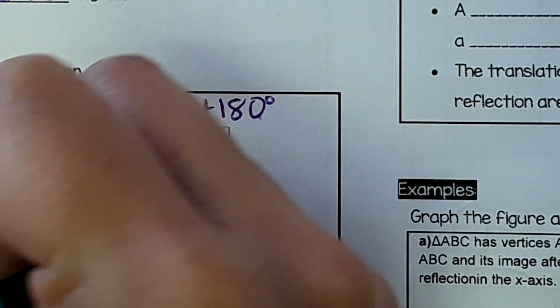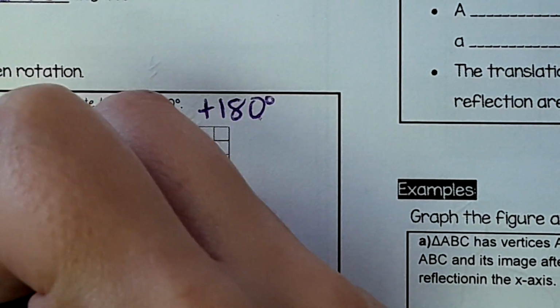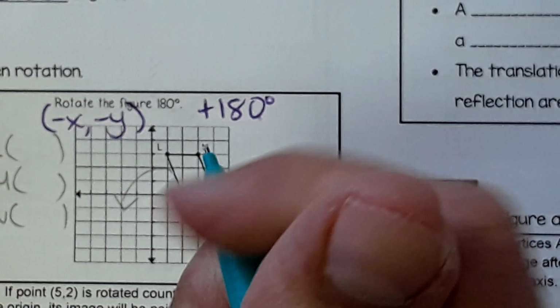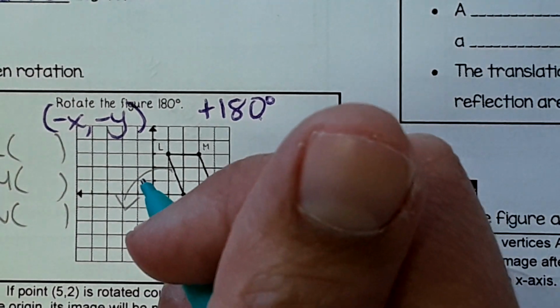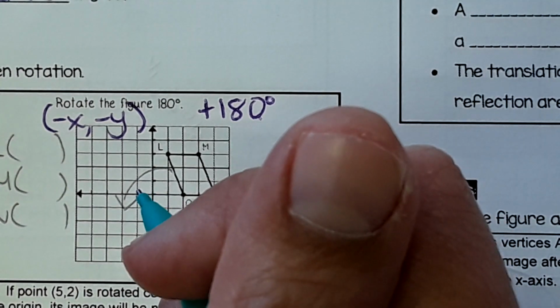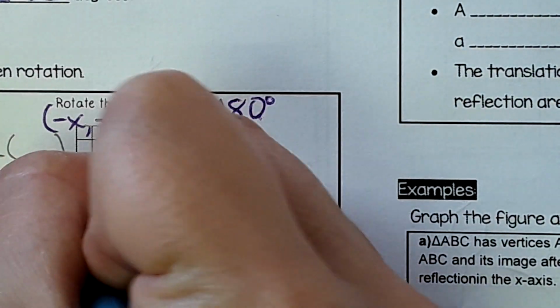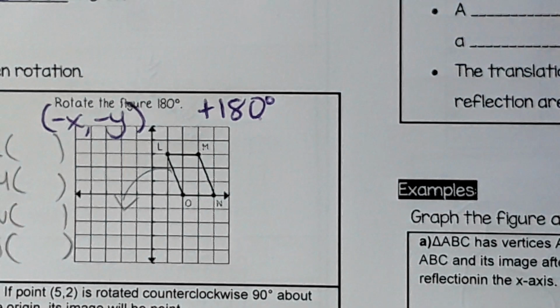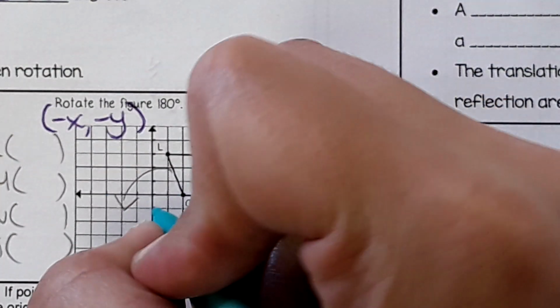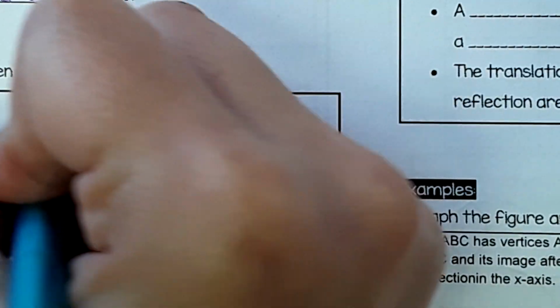So first step is just to list out the points, the original points. So L, M, N, whoa. Weird. That's so random. Okay. So point L is at 1, 3.